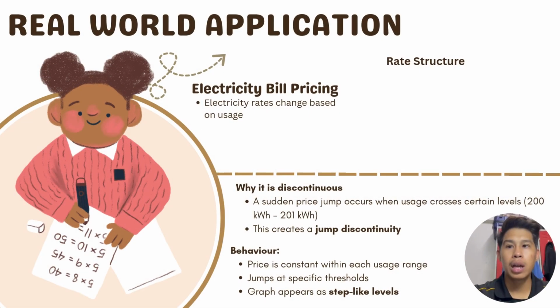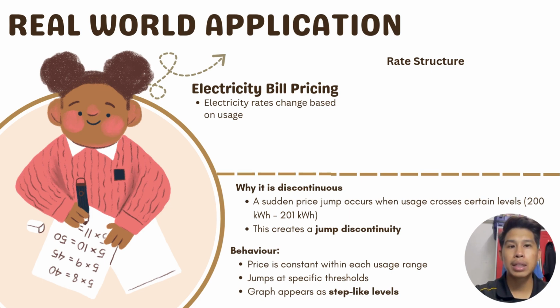For the real-world application, we choose electricity bill pricing. Electricity rates change based on usage, so we can call it a piecewise function. As we can see in the table, we have a rate structure for usage and price per usage. Why is it discontinuous?